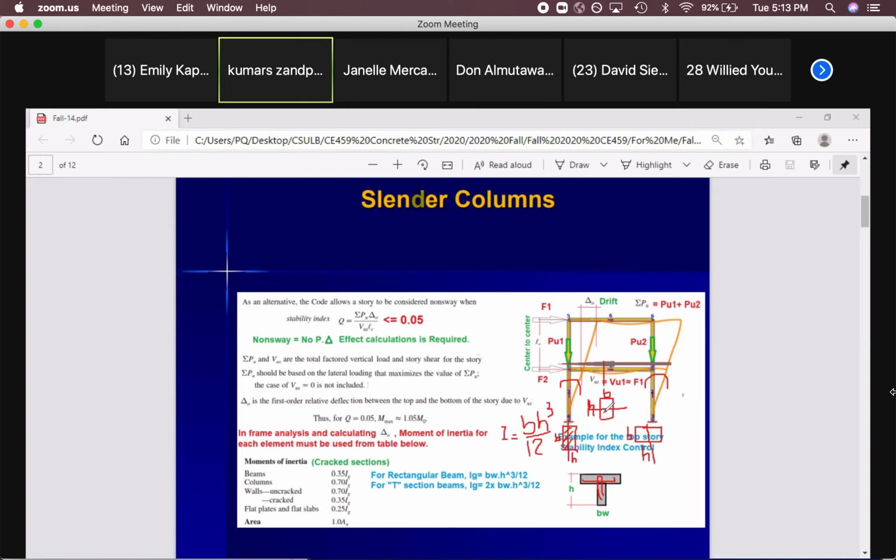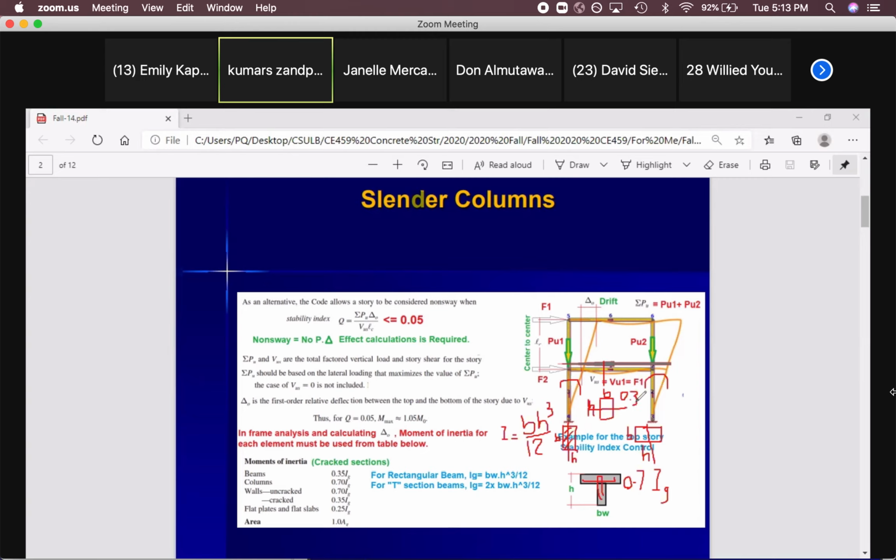So calculate IG for the beam, then 35% of that times 2. So 2 times 0.35 means 0.7 times IG for this beam. But if it was rectangular only, just 0.35 IG.